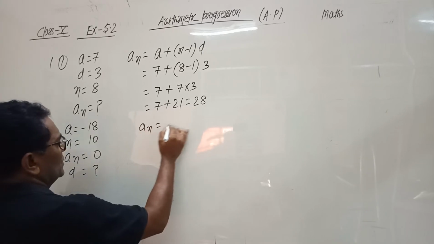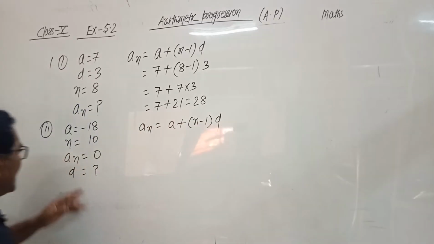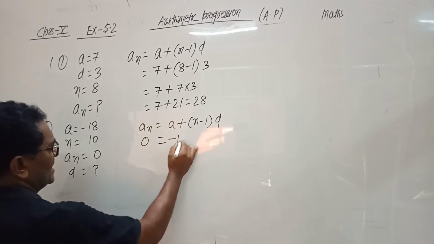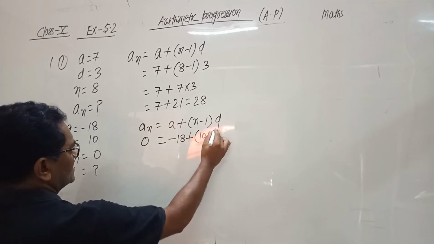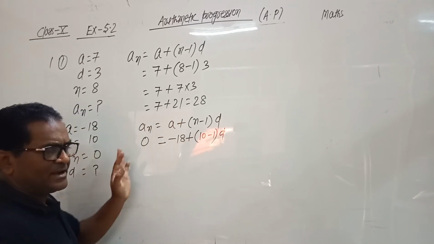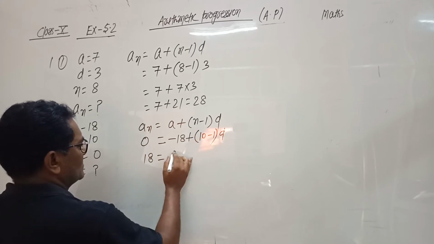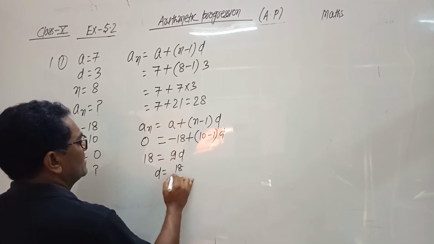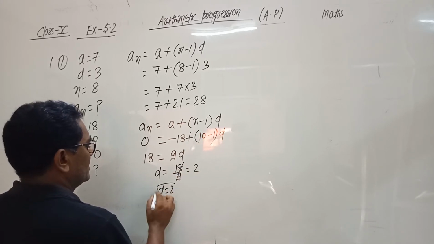An equals A plus (N minus 1) into D. The value of An is 0, the first term is minus 18, number of terms is 10, 10 minus 1. Minus 18 will go to the left side, becomes plus 18. 10 minus 1 is 9, so 9d, and the value of d is 18 by 9, which is 2.